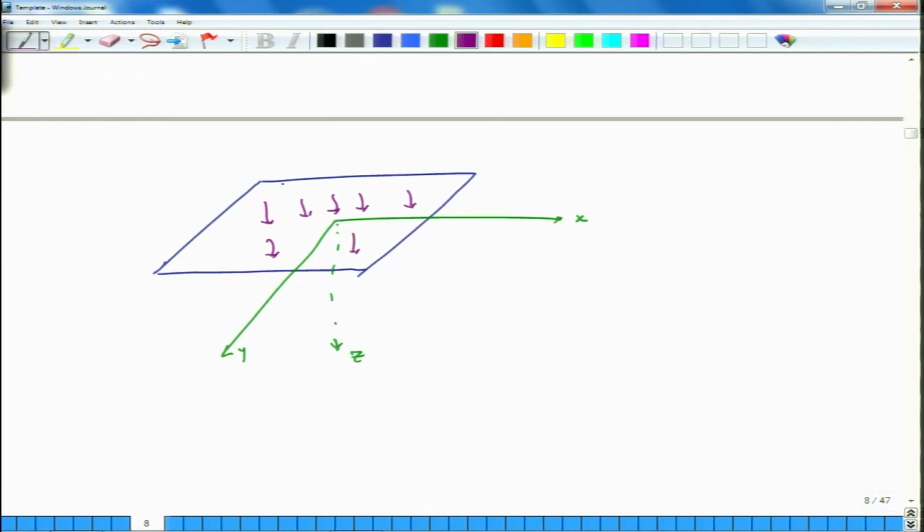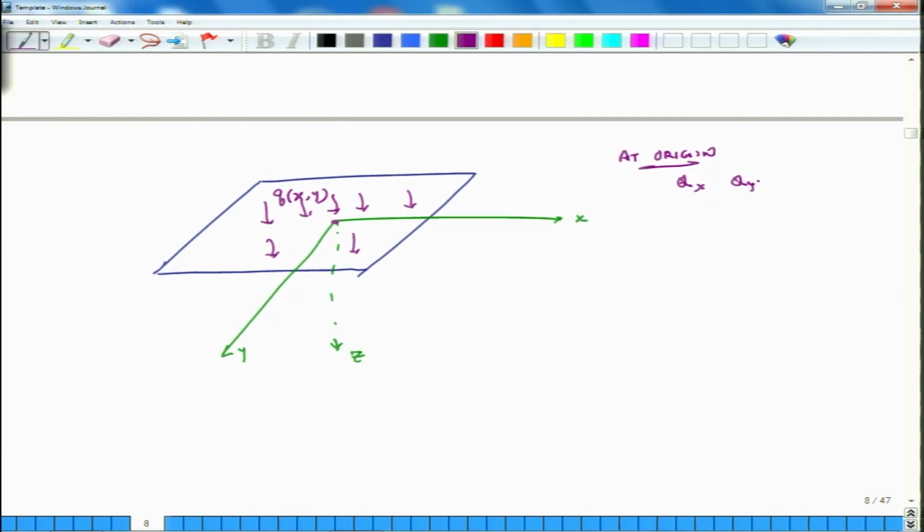So, this is qxy, and at the midpoint, at origin, force resultants in the z direction are qx and qy.